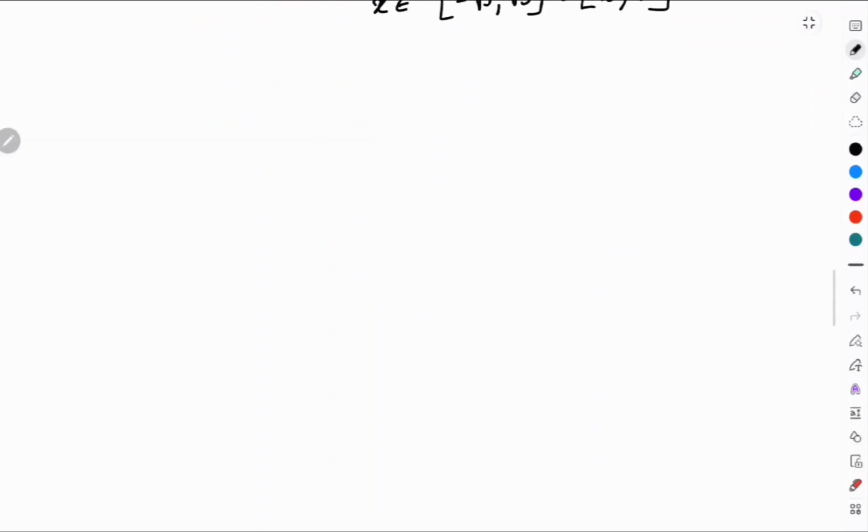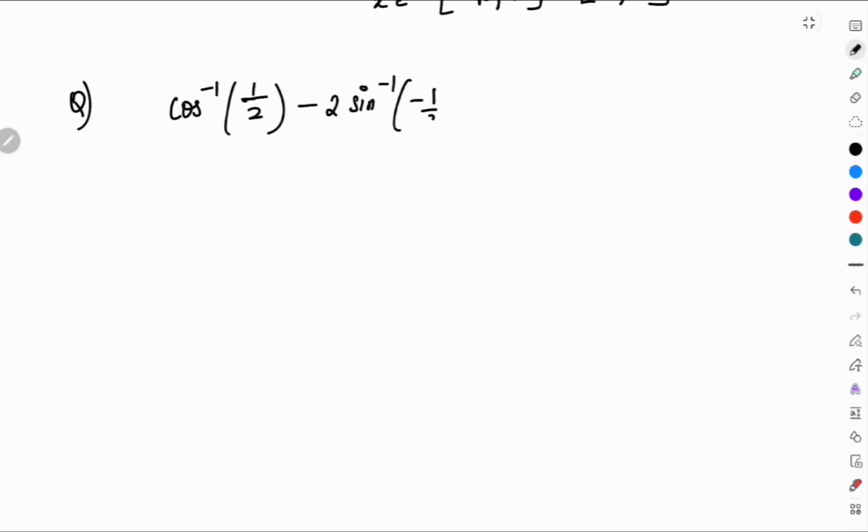And the next question we have is, using the principal value, find the value of cos⁻¹(1/2) − 2 sin⁻¹(−1/2). So what is cos⁻¹(1/2)?